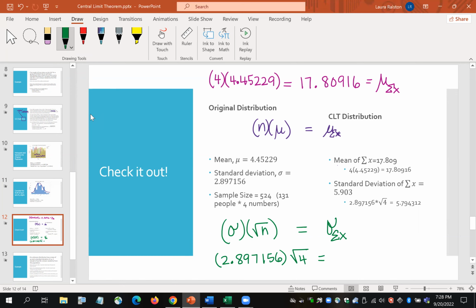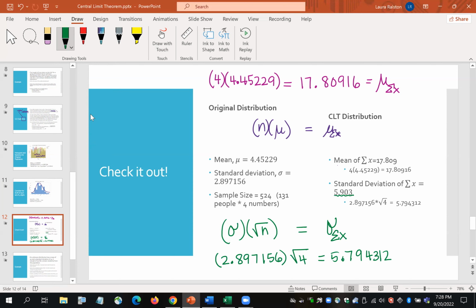So 2.897156 times 2 is 5.794312. So I'm a little bit off from what I got when I actually used the true numbers. But again, I'm in the ballpark. So the central limit theorem works, whether you're using the means or whether you're using the sums.